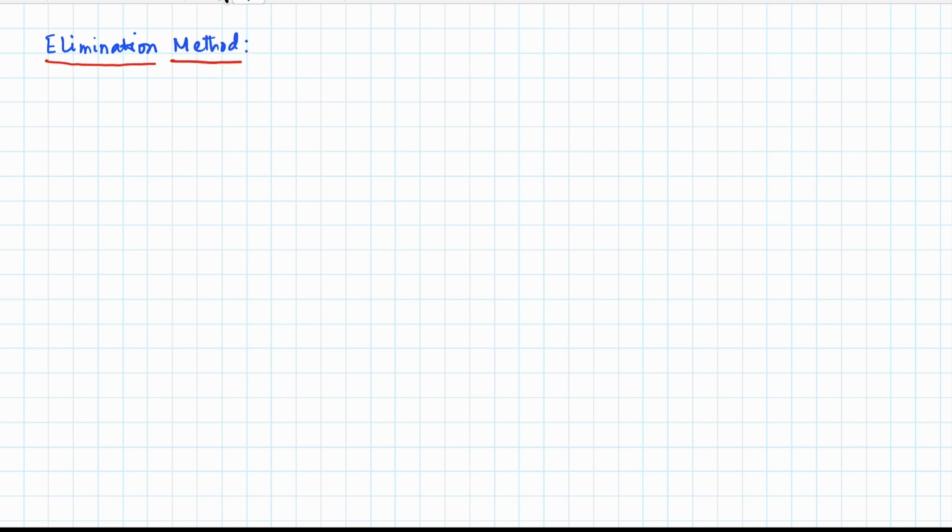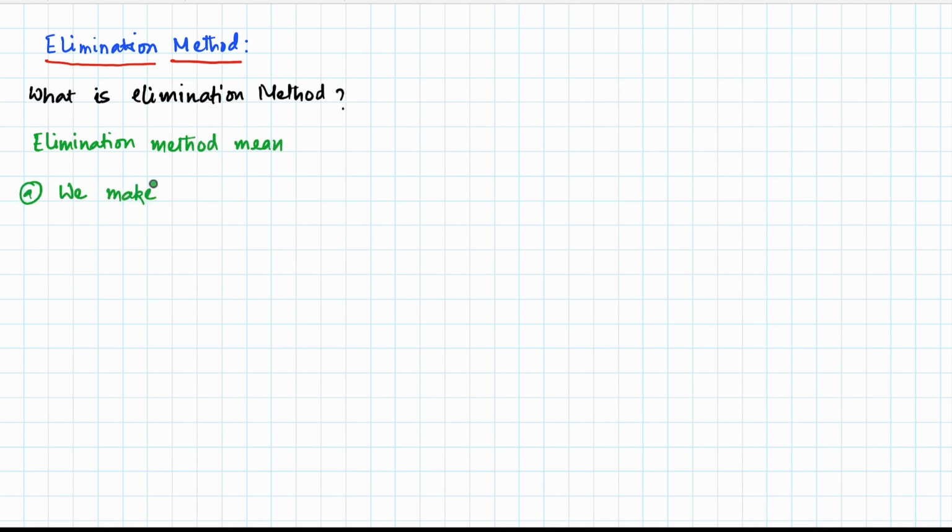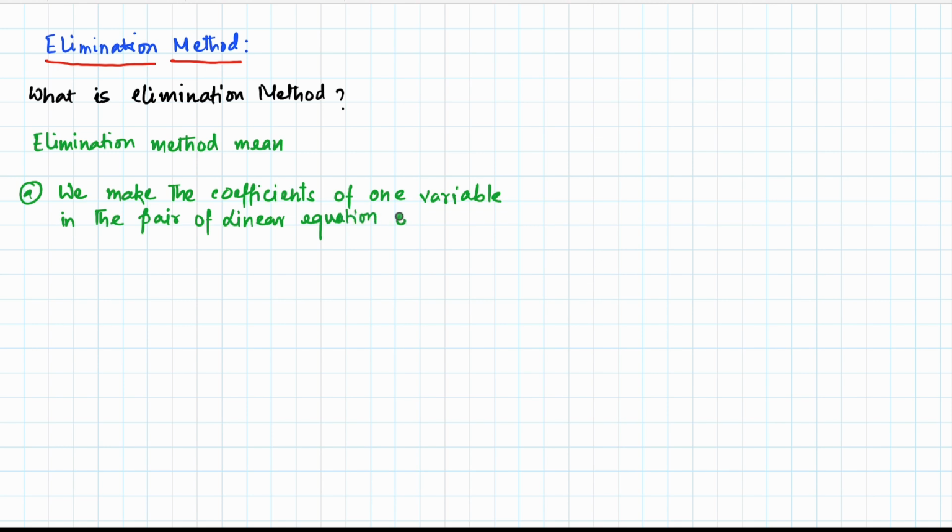Now, what is this elimination method? Earlier we checked in the other two videos how we use the graphical method and the substitution method to solve linear equations, but here we'll be using the elimination method. Elimination method means we make the coefficients of one variable in the pair of linear equations of two variables equal.